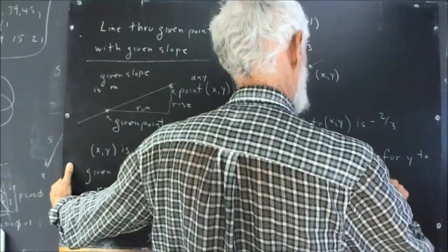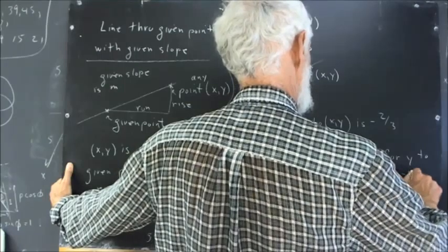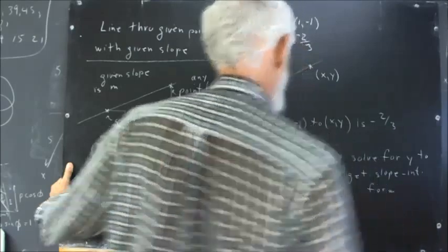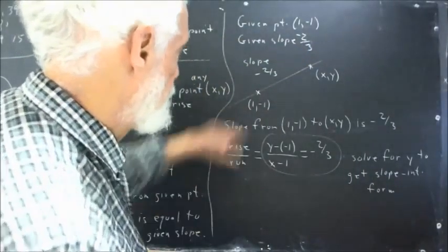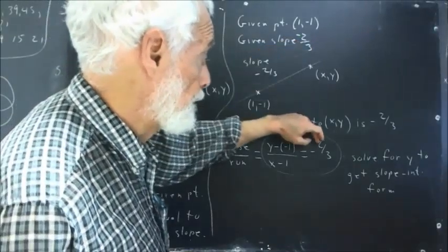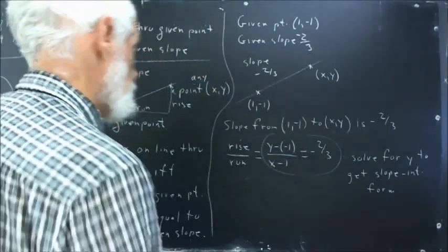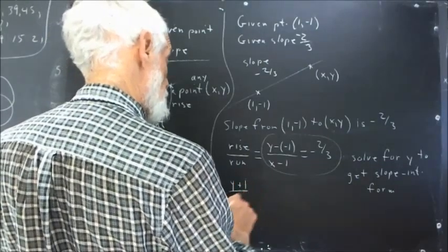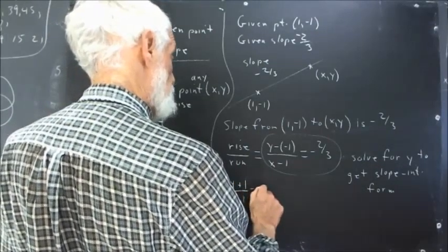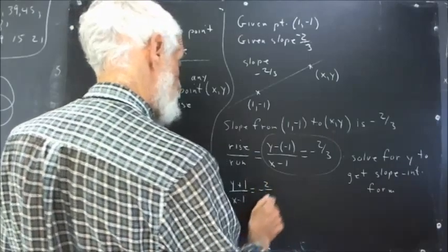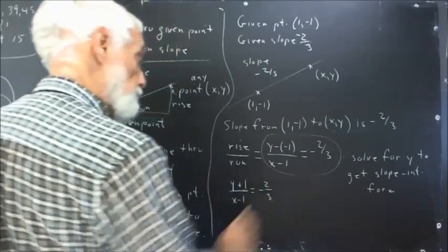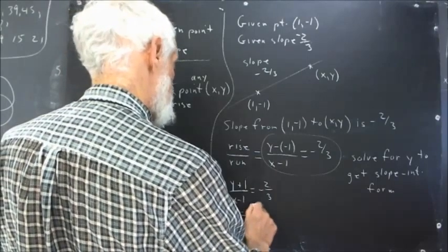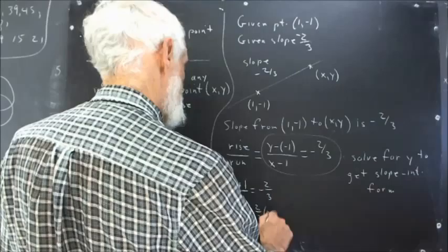And that'll give you the slope-intercept form of the straight line. Slope from 1, -1 to xy equals the given slope -2/3. We can solve that. The equation becomes y plus 1 over x minus 1 equals -2/3. Multiply both sides by x minus 1, we get y plus 1 equals -2/3 of x minus 1.